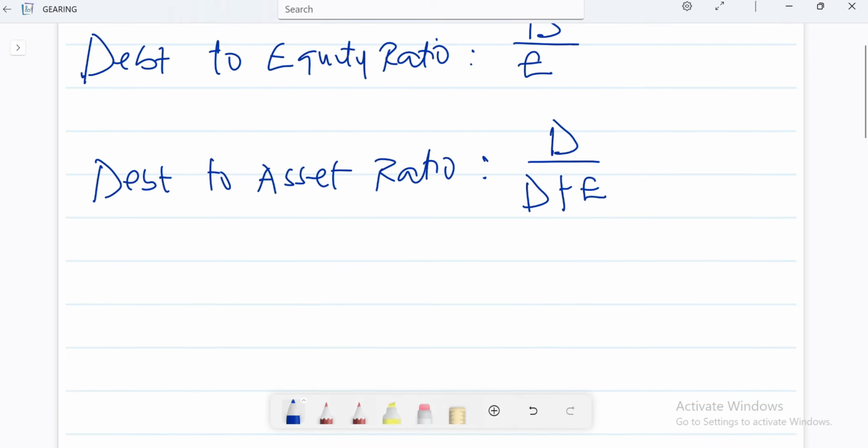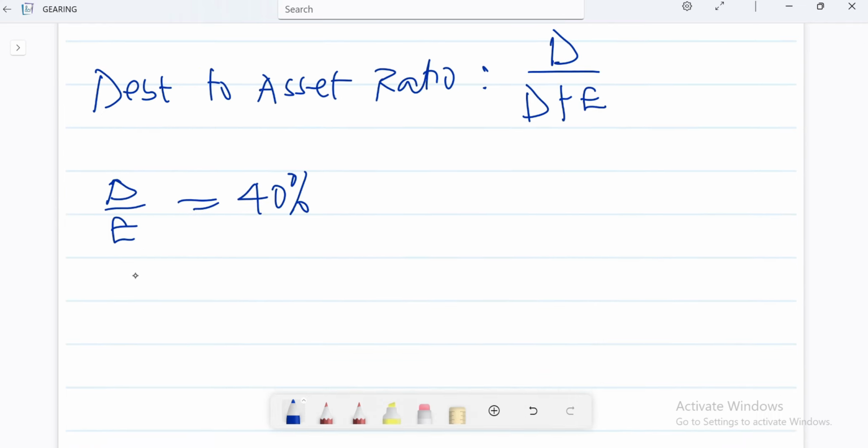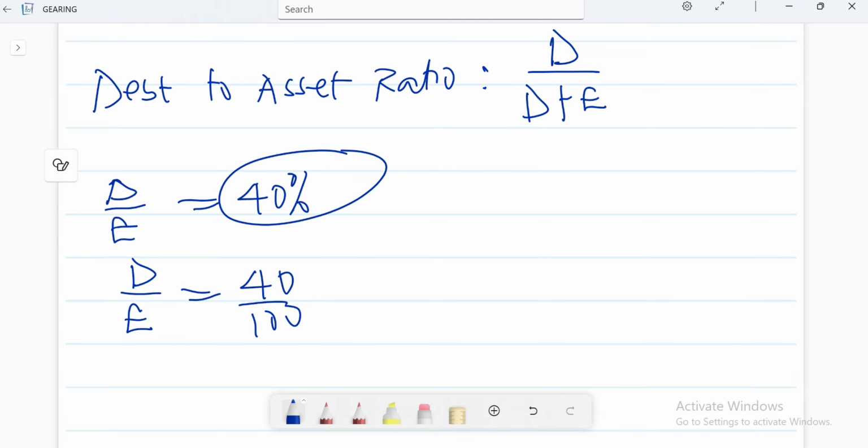So meaning, if a question says debt to equity ratio is 40%, what that simply means is all you need to do is rewrite it this way and write 40 over 100. Of course, 40% is the same thing as 40 over 100.